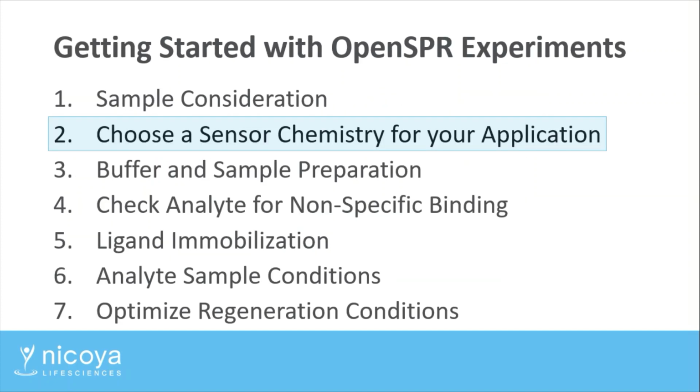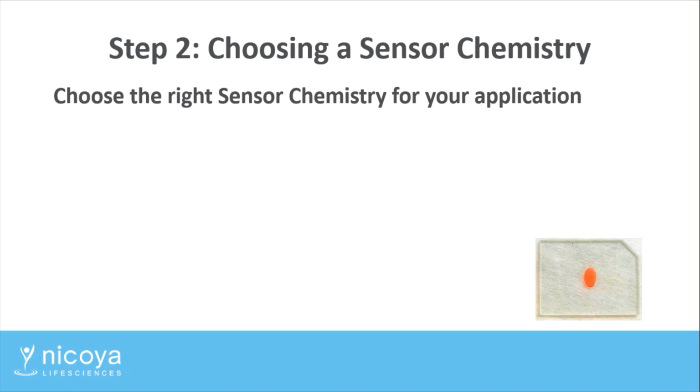The next thing to consider is the sensor chemistry for the application that you're going to be analyzing. So the one requirement to perform SPR interaction analysis will be to immobilize one of your binding partners onto the sensor surface. Here I have a picture of one of our sensors, and this consists of a glass slide, with the red spot in the center being our nano gold particles.